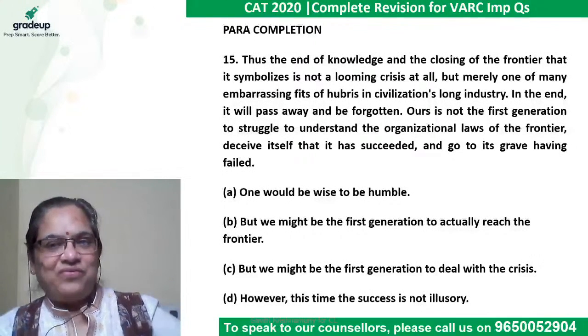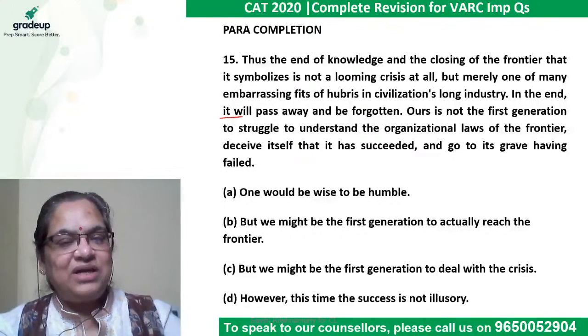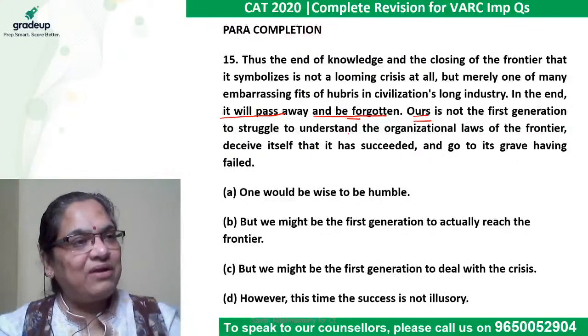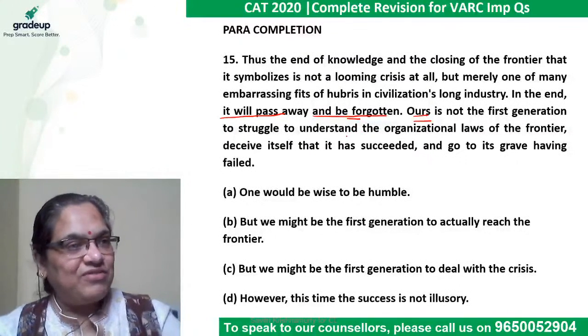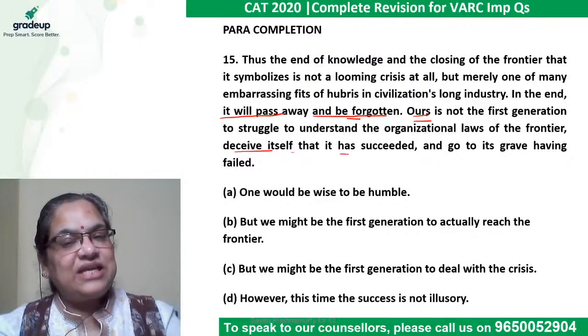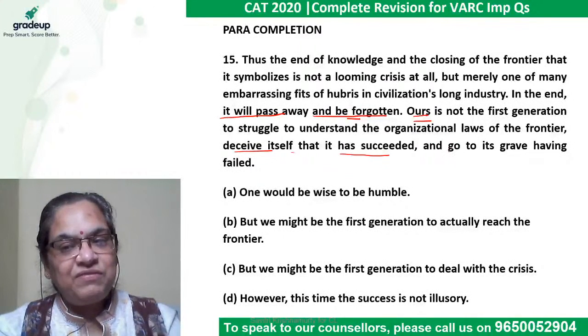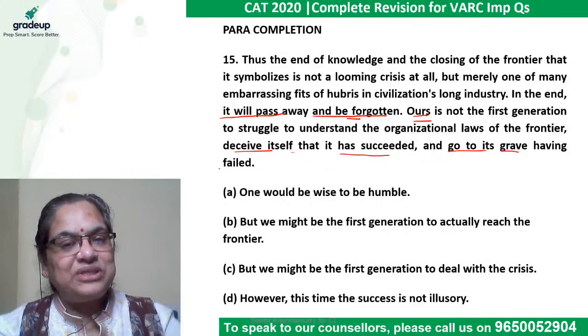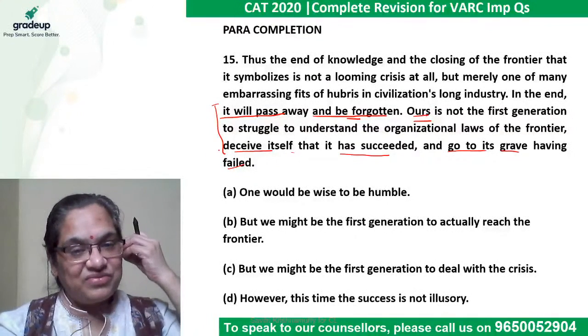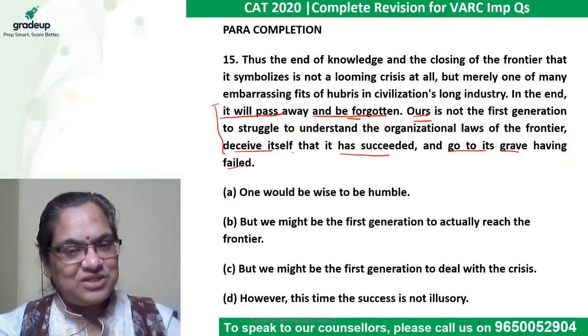Okay, now first part, we have learnt everything that will be learnt, will pass away and be forgotten. We are not the first generation to be arrogant enough to think that we have reached the frontier. We are not the first generation to deceive ourselves that we have succeeded, and we are not the first generation that will go to its grave having failed. So is the author going to say we might be the first generation?